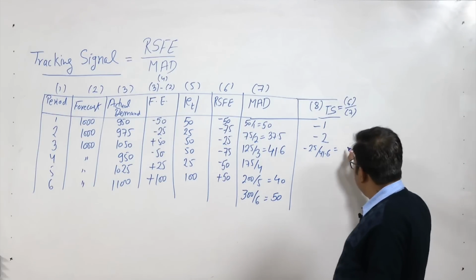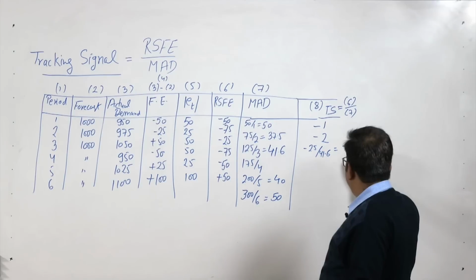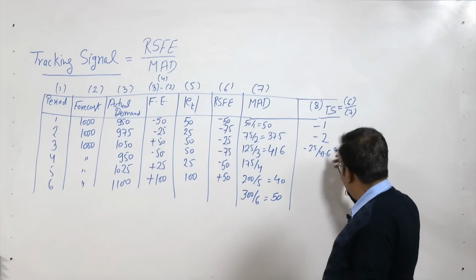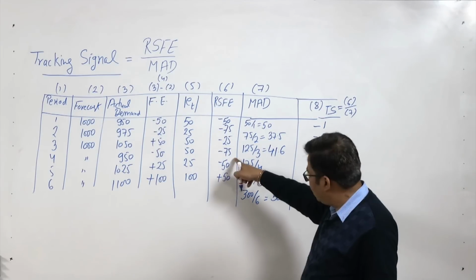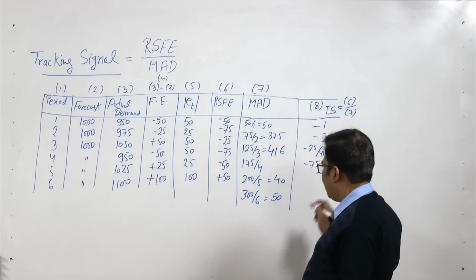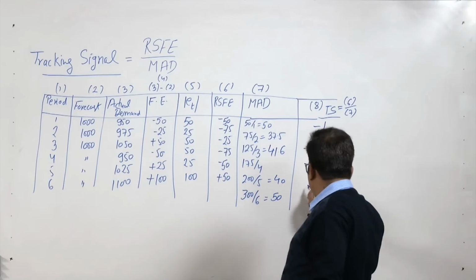Here the value is again negative, but it is somewhat less than 1, and we can have fine tuned calculations also. For the fourth period, it is minus 75 divided by 175 by 4. For the fifth period, it is minus 50 divided by 40.